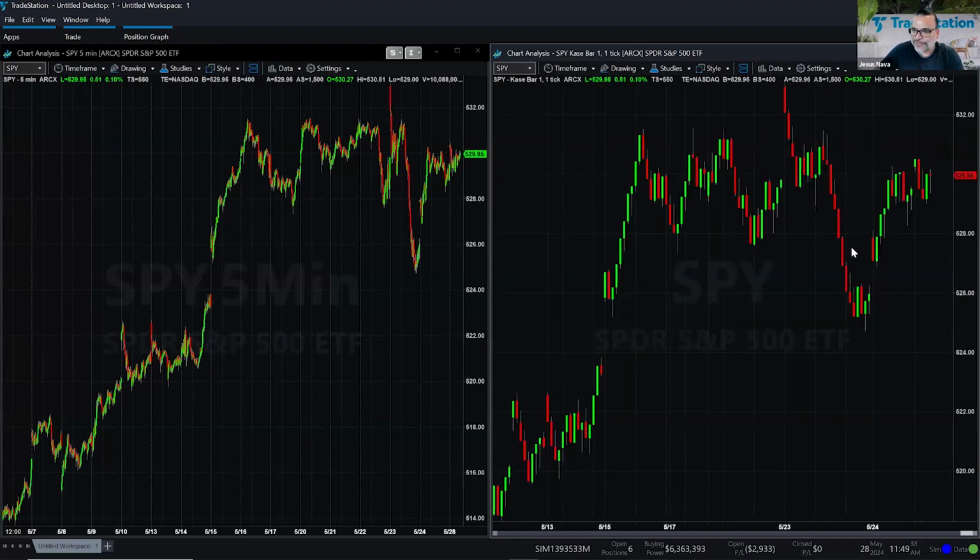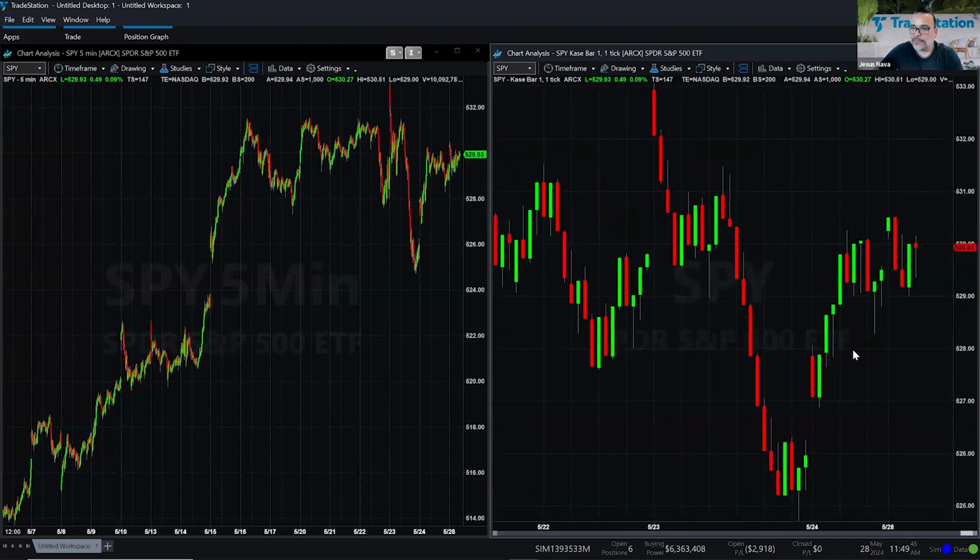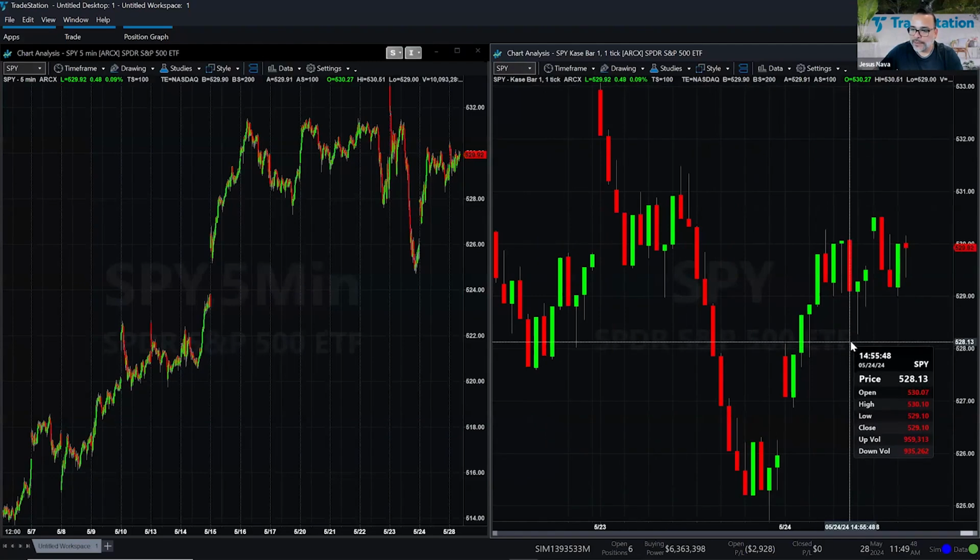There's some other differences here. For example, sometimes you'll see that the range is not exactly 1 point. Let's look at an example here. So let's take a look at this one. The high is 530.10, and the low is 529.10.